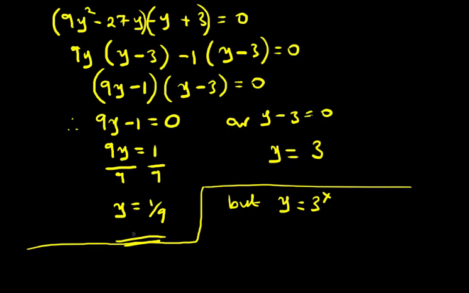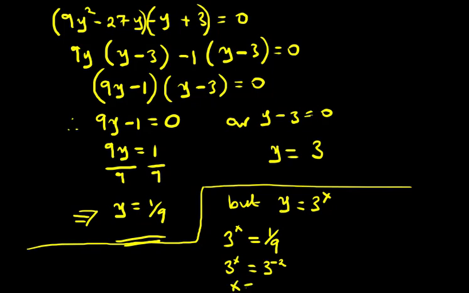So for the first one, we're going to have 3 power x is equal to 1 over 9. So that's 3 power x equal to 3 raised to the power negative 2.